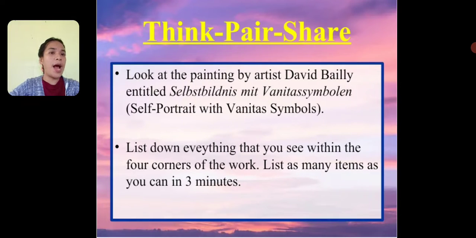Now let's move to the activity, which is think, pair, and share. Look at the painting by artist David Bailey entitled Self-Portrait with Banetta's Symbols. List down everything that you see within the four corners of the work. List as many items as you can see in 3 minutes.